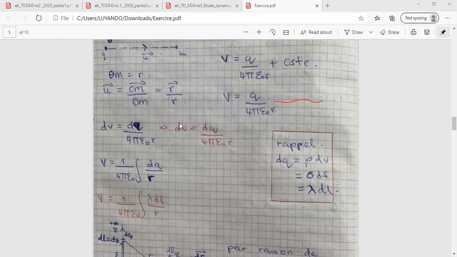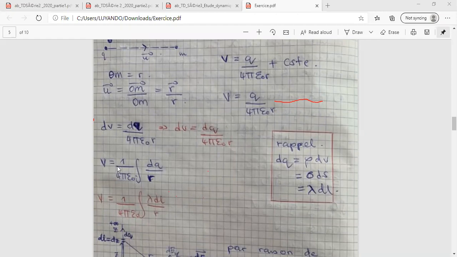Now if I have dV, I'm still dealing with V equals Q over 4 pi epsilon 0 R. Where there is Q, I'm going to have dq. So dV is equal to dq over 4 pi epsilon 0 R.